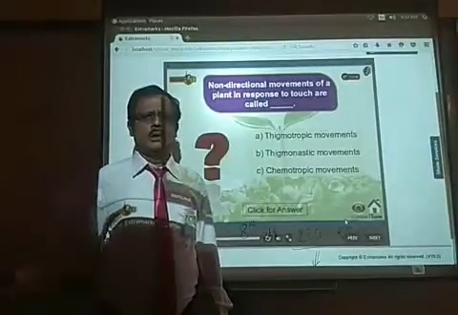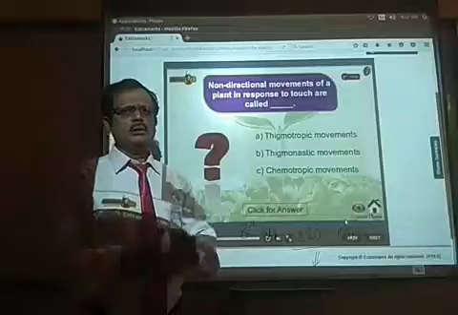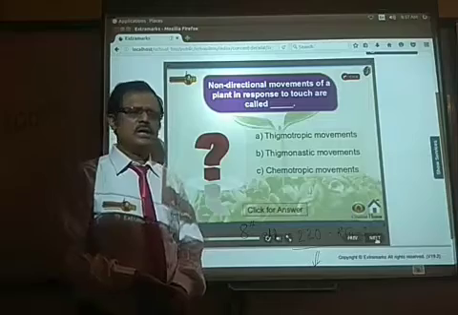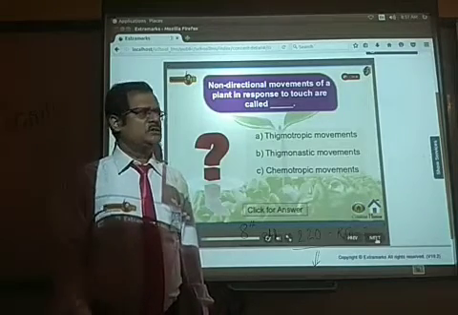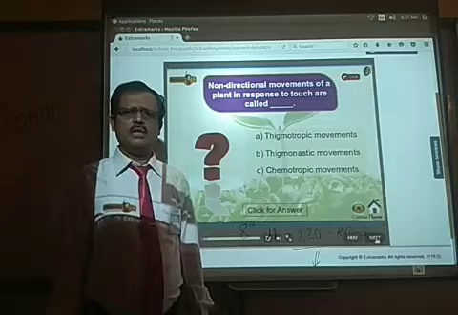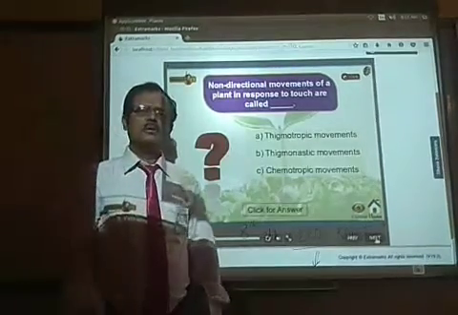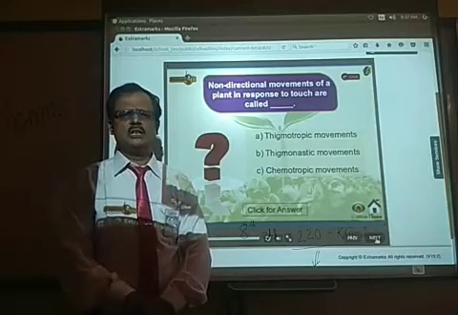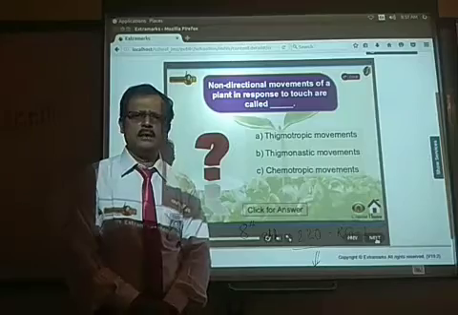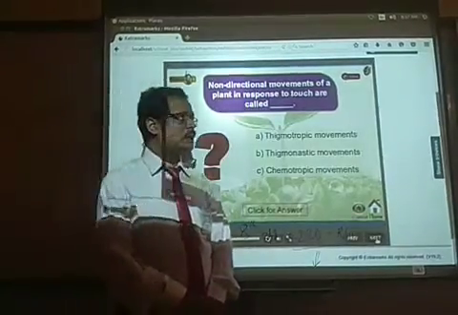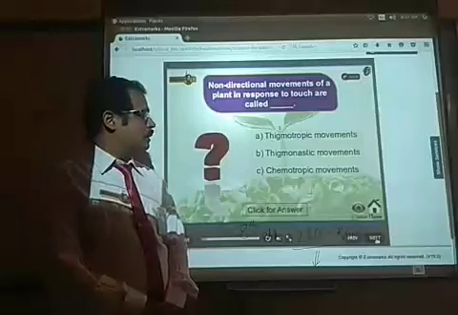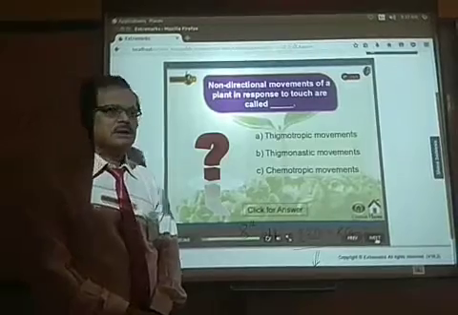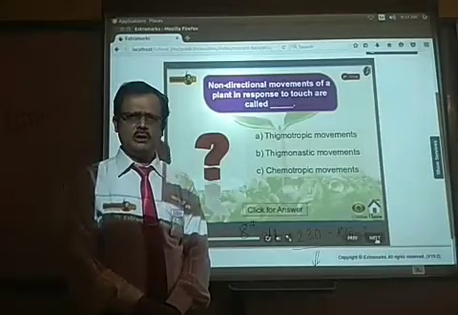Now we have studied different types of movement in plants, and we learned that two types of things occur in the plant. Some types of movement depend on light and some chemical substances. And some types of movement depend on different external conditions, meaning a response to stimuli occurs in the plant.